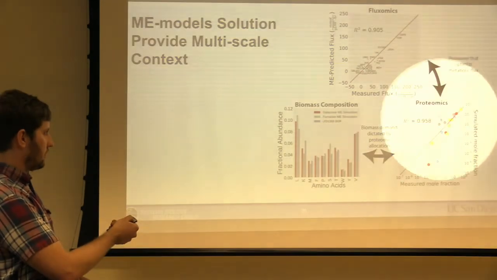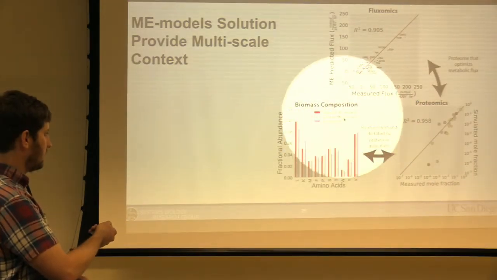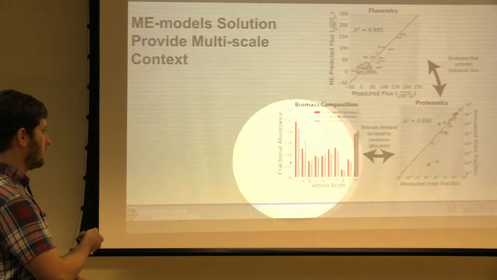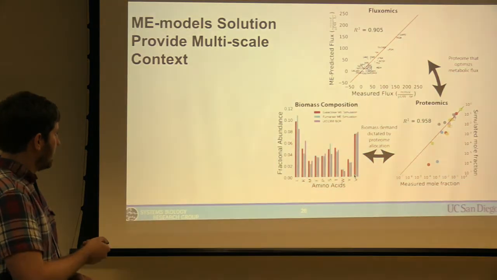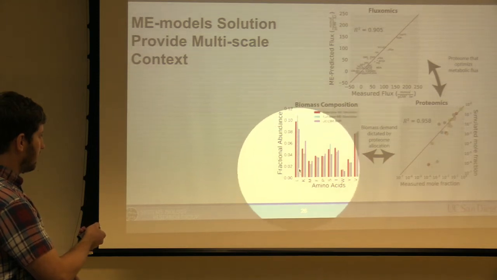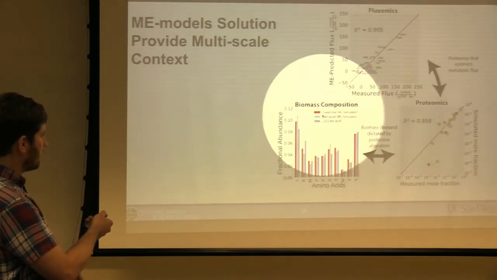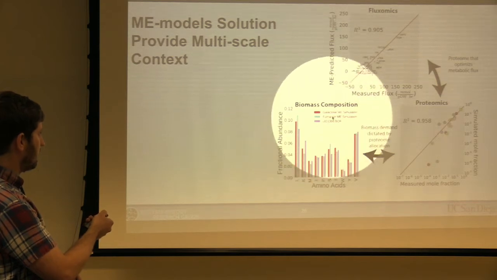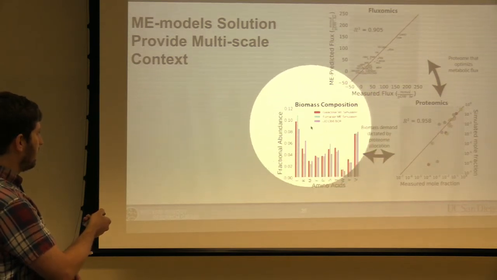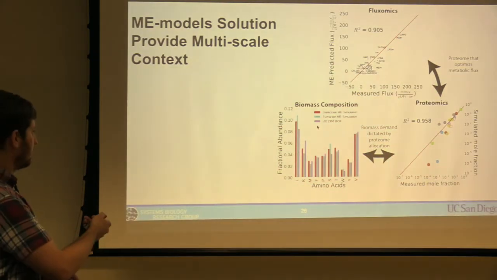This demand on proteins is going to ultimately have an effect on the biomass composition, so the rate that each of these different amino acids are produced. So this red bar here shows the prediction, or the fractional abundance of each amino acid when grown on galactose, this teal line when grown on fumarate, and the purple line, which is just the coefficient from the biomass objective function.